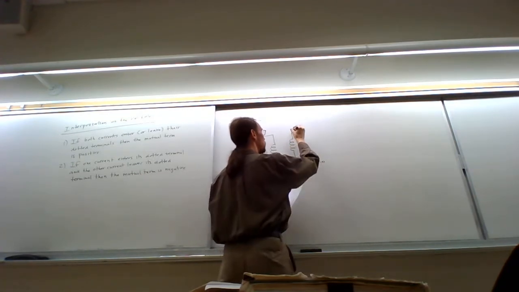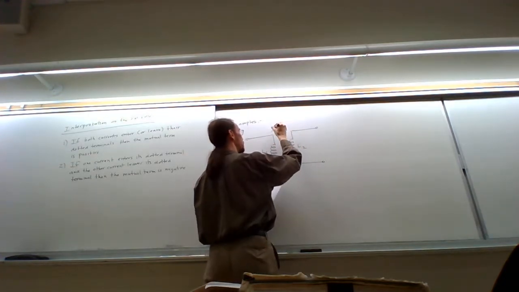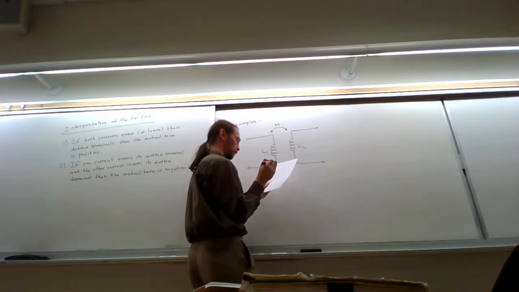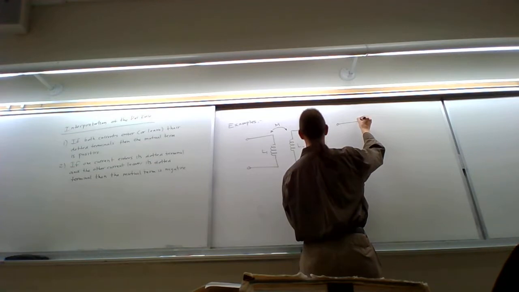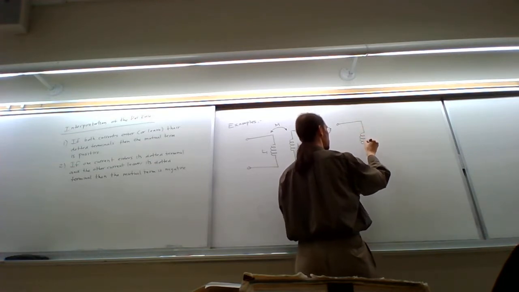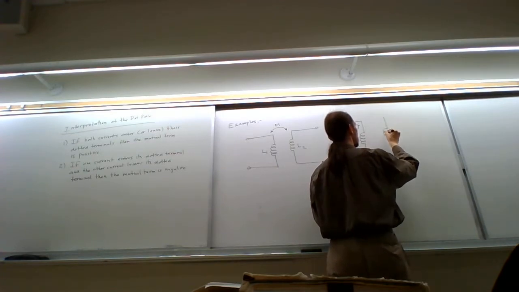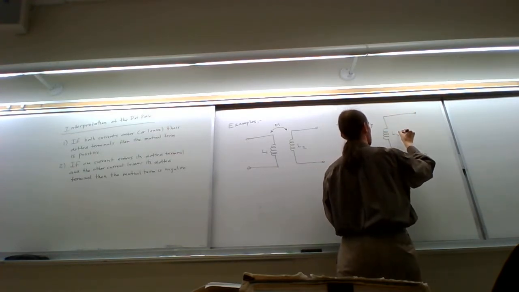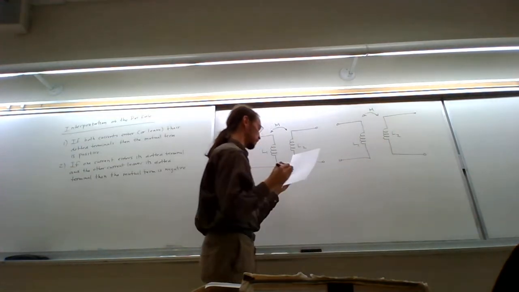Over here, we have another coil of self-inductance L2, and there is a mutual inductance M between the two of them. Over here, we're going to have exactly the same system. So self-inductance L1, self-inductance L2. There's a mutual inductance term between the two.